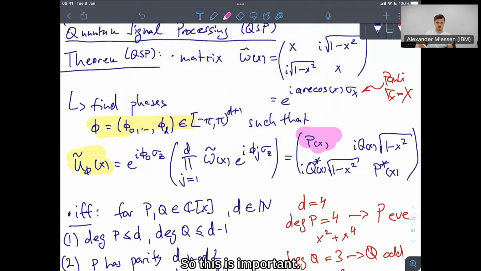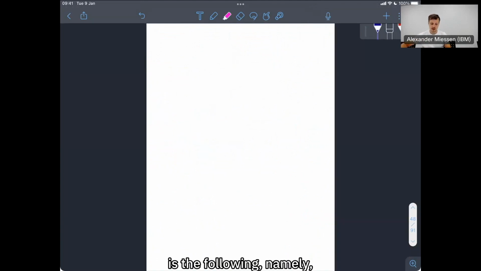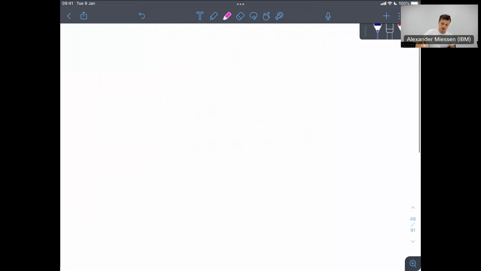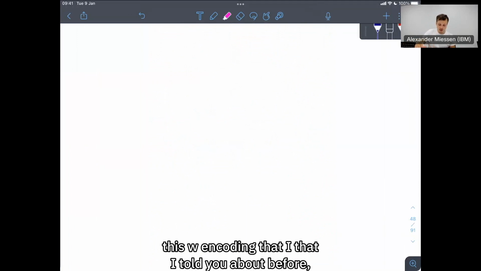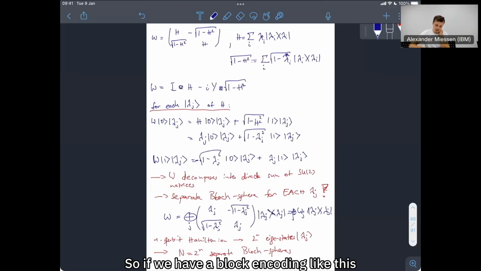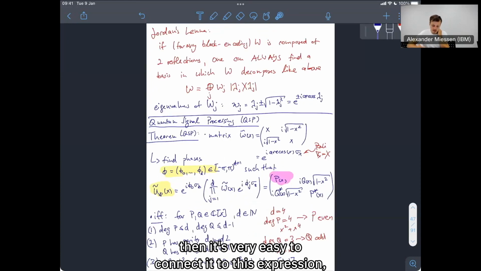So this is important. And now what I have to tell you to make the connection is the following, namely this W encoding that I told you about before, the one that can always be decomposed into this special form that we saw before. If we have a block encoding like this that can be decomposed into this form, then it's very easy to connect it to this expression.